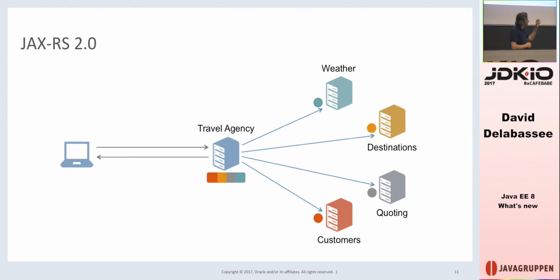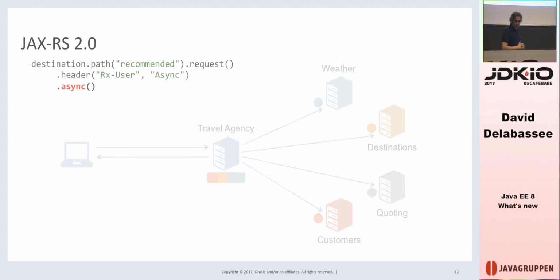Then, based on that history, it will invoke the destination service. So we would like to suggest some potential destinations to that user. And for all the destinations that we're about to suggest, we will also invoke the weather service and the quoting service, because we want to include some weather information, and obviously we also want to give a price to that user. Obviously, we are not going to do that in a synchronous fashion.